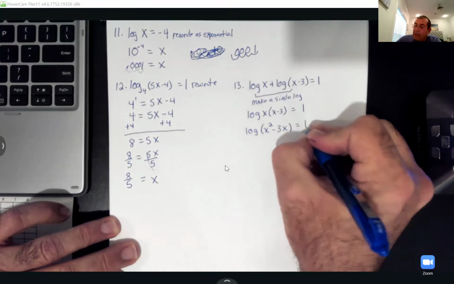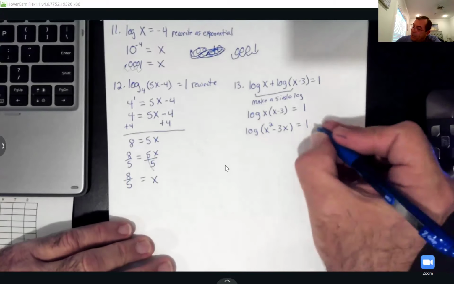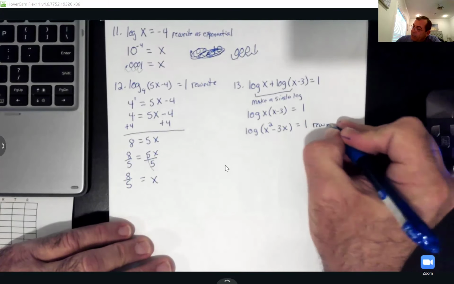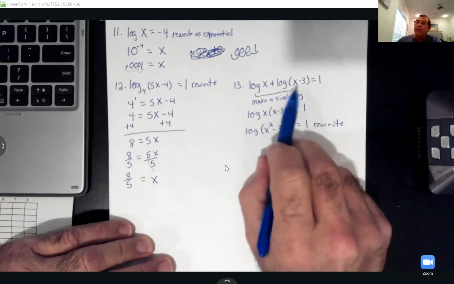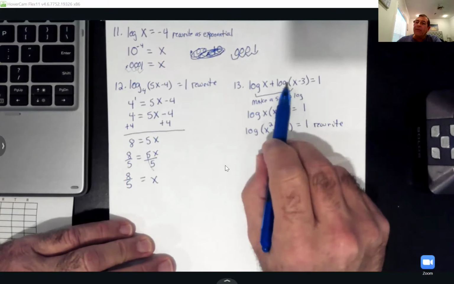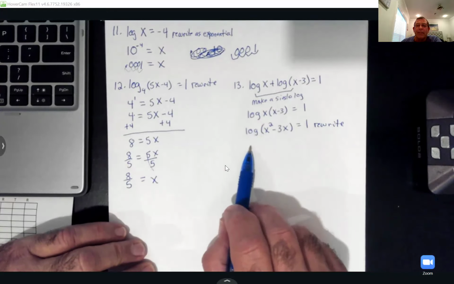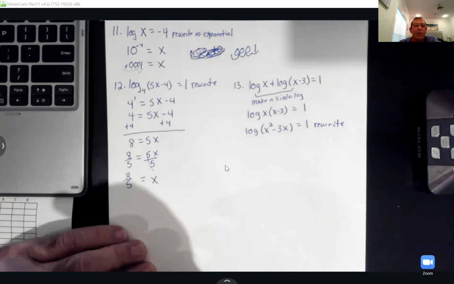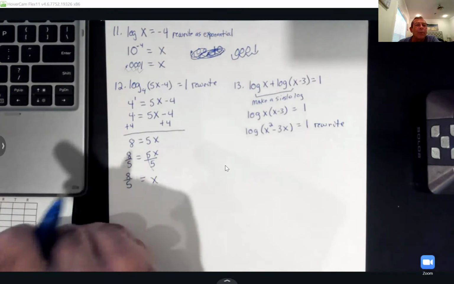Now, we got a single log, so we're going to rewrite it at this point, because I still don't have a log equal to a log to do the log base yet, okay? But they're getting to the point where we're combining logs now. So, y'all, what is my base? Because I'm about to rewrite it as exponential. So what's my base? My base is 10. What's my exponent?